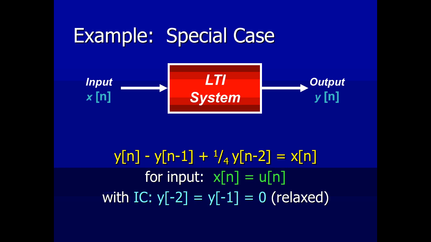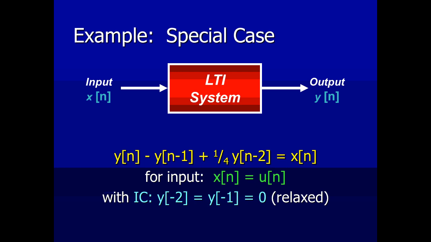So the roots of that, that's z minus a half squared. So we have 2 roots, z is a half and a half. So anything that's a natural response is going to have the form k times 1/2 to the n.